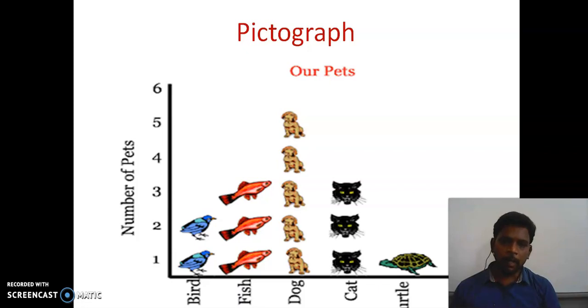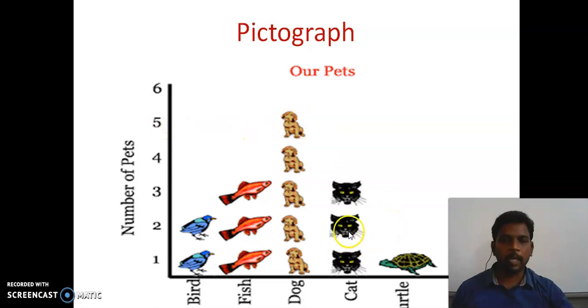Suppose the first one, bird. How many birds are there? 2 birds are there, so this corresponds to 2 here, right? And similarly in the second, fishes. How many fishes are there? 3 fishes are there, corresponding to the number 3 in your vertical line, right? And then in dog, 1, 2, 3, 4, 5 dogs are there, therefore it corresponds to 5 in the vertical line.